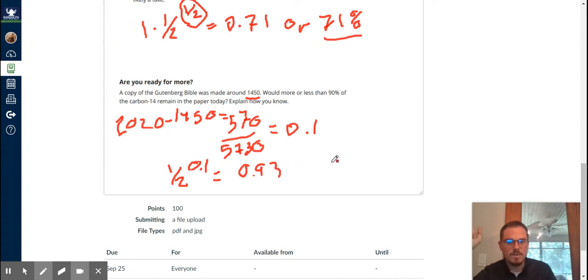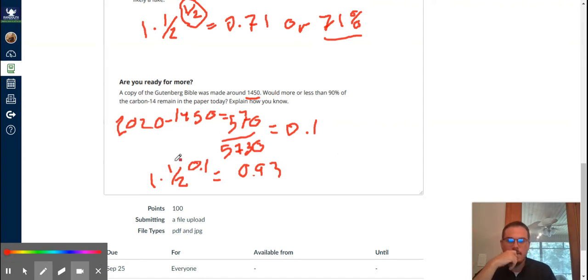So it looks like more than 90% would be remaining. Okay, and you don't need to know how much was in it. We're just talking about percentages. So if you were to multiply that by 100% or 1, it would give you about 0.93 or 93%. So more. All right, there's your notes.